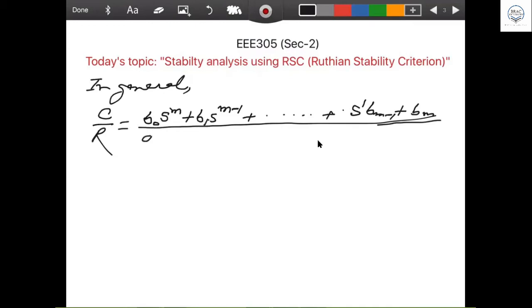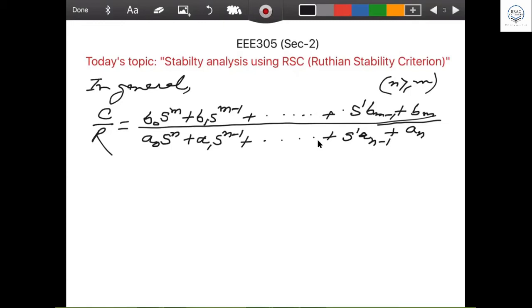Similarly for the denominator, it is a0 s to the power n, then a1 s to the power n minus 1, and going the same way, a(n minus 1) s to the power 1, and the last one is an. Again n is equal to or more than m, so that the denominator order is more than the numerator.